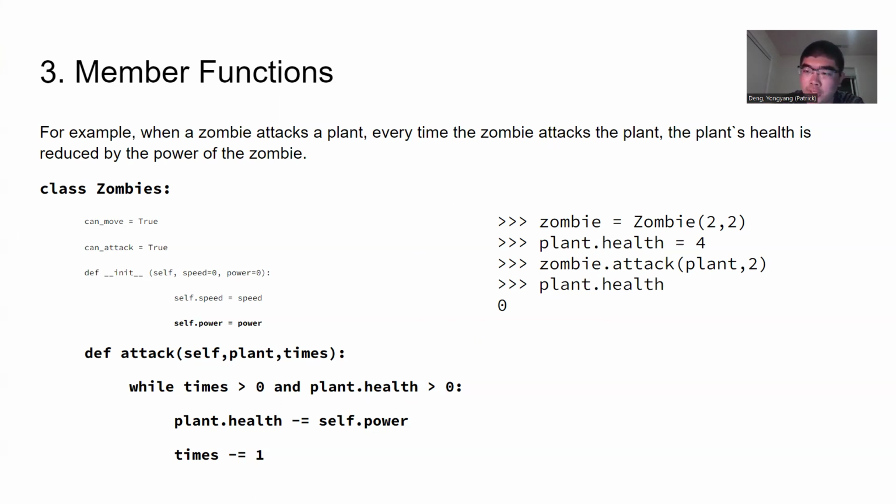You want to convert the words in English into words in Python. So this is how we translate the process: the plant's health is reduced by power, so we do this.